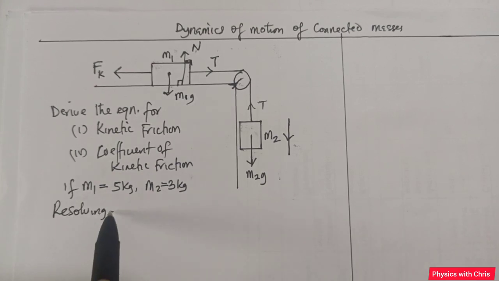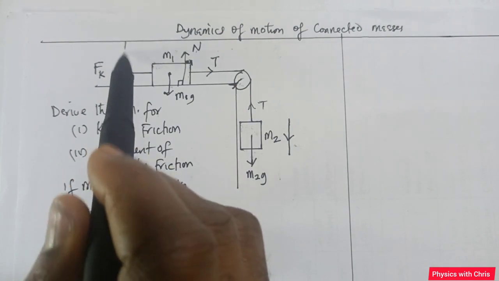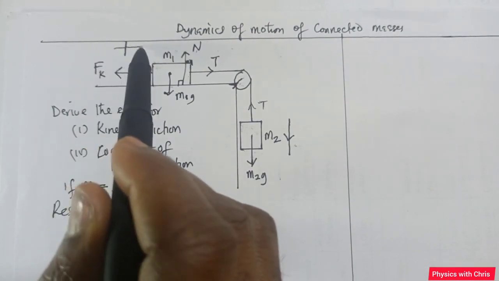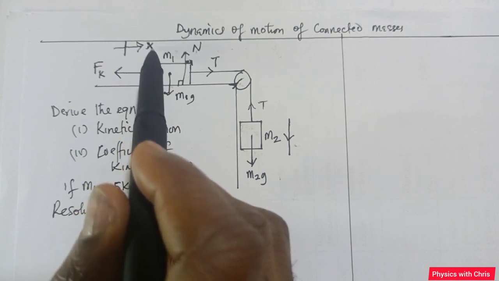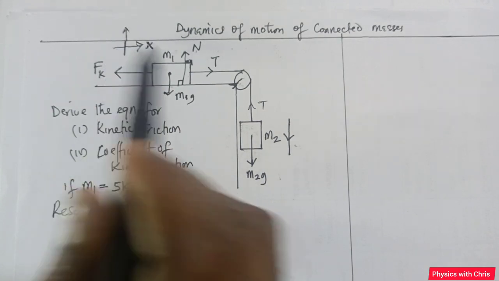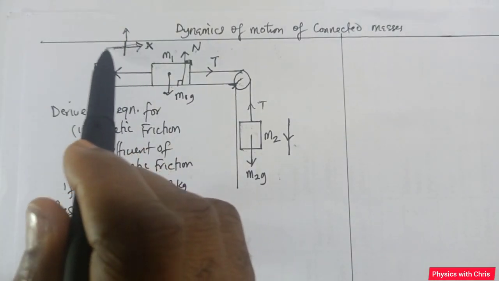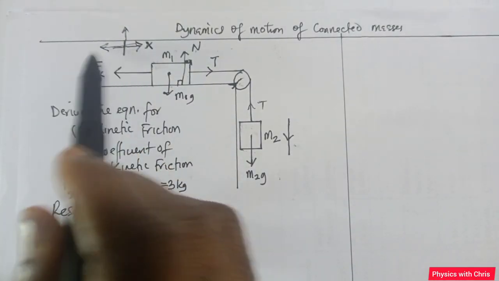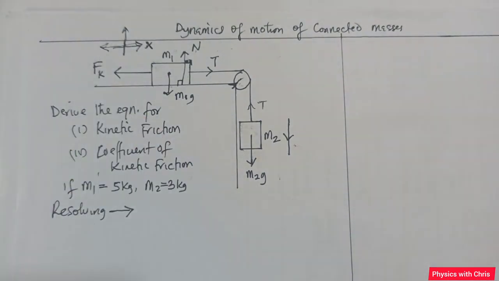Resolving the forces acting horizontally. If I quickly put in my coordinate system, any force acting in the direction of the positive x-axis, to the right, I call positive. Any force acting in the direction of the negative x-axis is negative, and any force acting upward is positive in this case too.